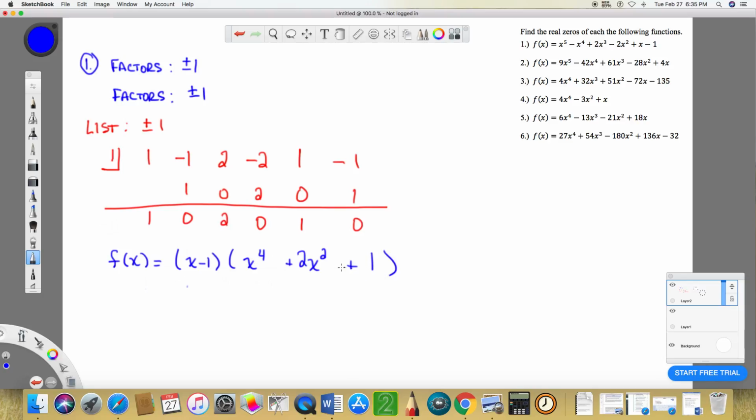So this is a trinomial that's quadratic in form. Even though it's not quadratic, it's quadratic in form.